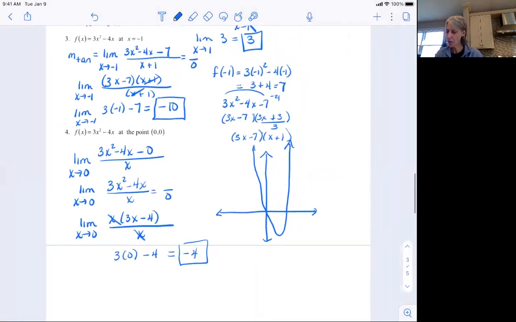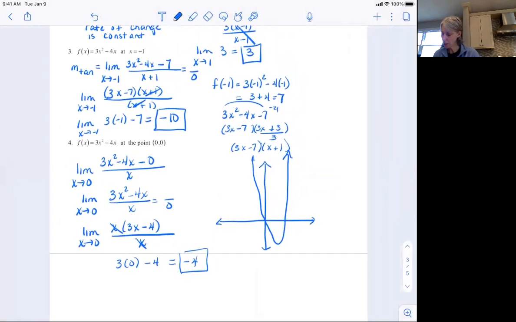On the same picture, we found the slope of the tangent line when x equals -1. My slope is -10 for that line. And when x equals 0, we found the slope of that tangent line. Can you see how it goes from more steep to less steep? It's pretty obvious what's happening there. And using this process, we could get the slope of the tangent line at any given point on that curve.